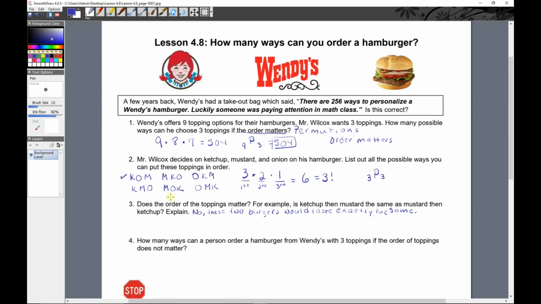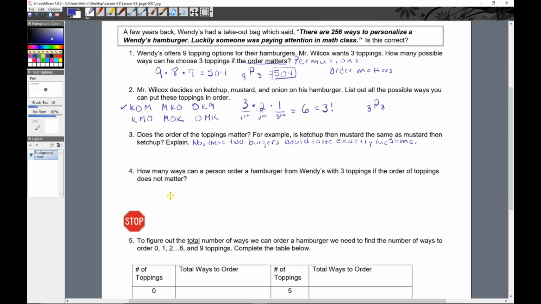So how many ways can a person order a hamburger from Wendy's with 3 toppings if the order of toppings does not matter? If this ordering does not matter, we're not doing permutations anymore. We are doing combinations. And in combinations, order doesn't matter.